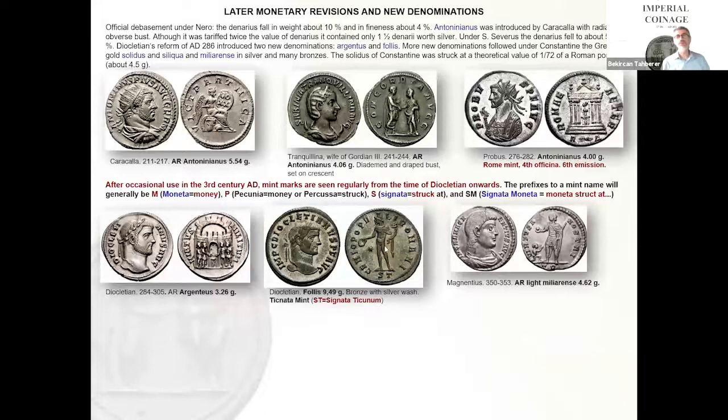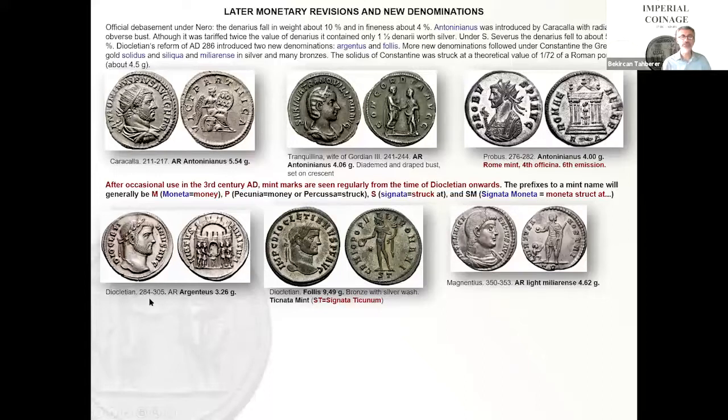But there were monetary revisions after Valerianus. As you see here, the Antoninianus continued to exist, but never in the form that it was first introduced during the time of Caracalla.